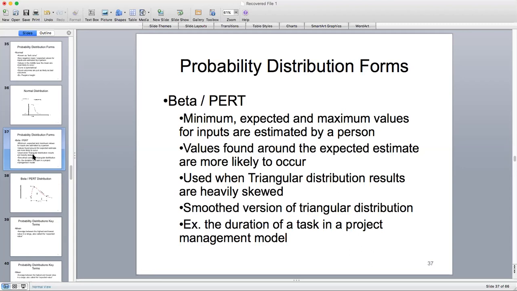This is a variation of the triangular distribution, which is literally just taking 3 points. So if I asked you what you believe the most pessimistic estimate would be for you to clean your house, how many hours would it take you?